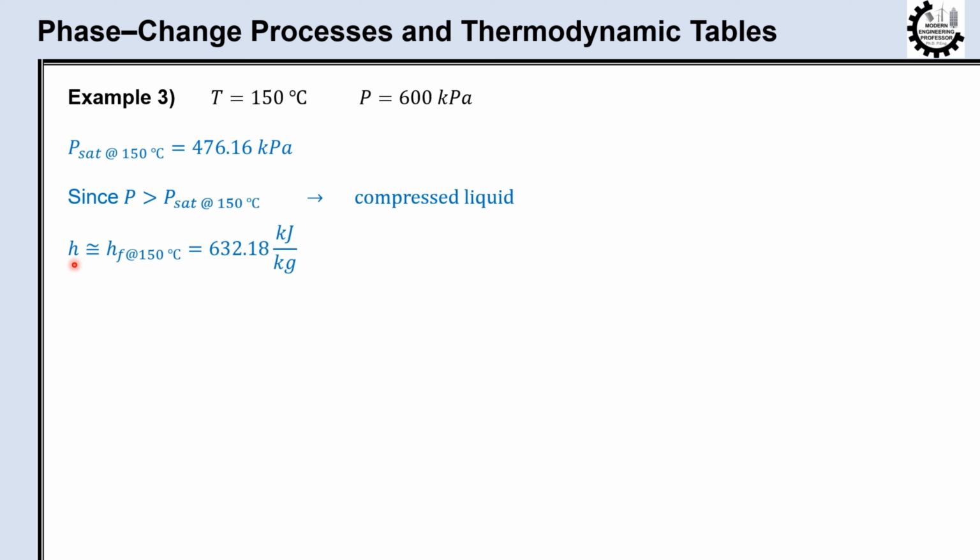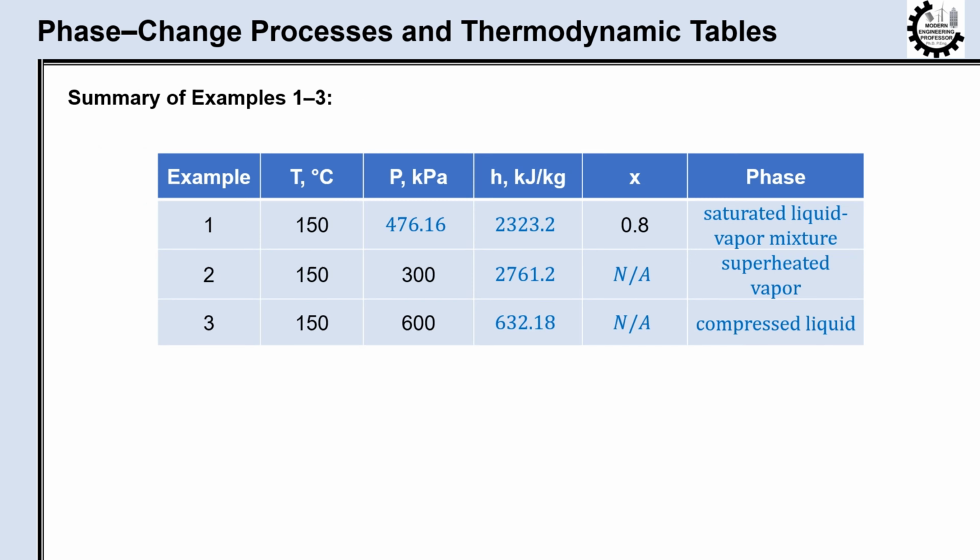Therefore, the enthalpy is approximated as the enthalpy of liquid water at 150 degrees Celsius, which we found in example 1 from the saturation table to be 632.18 kilojoules per kilogram. Since these three examples are related, it is useful to summarize their answers in this table.